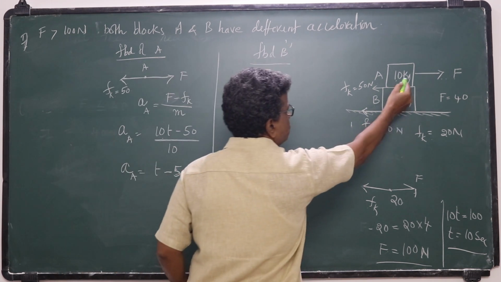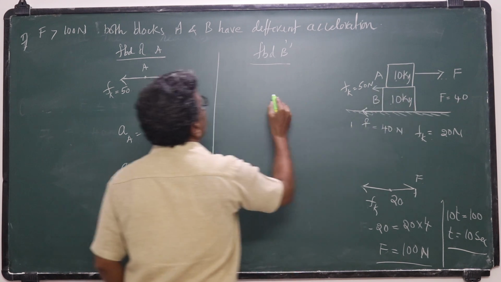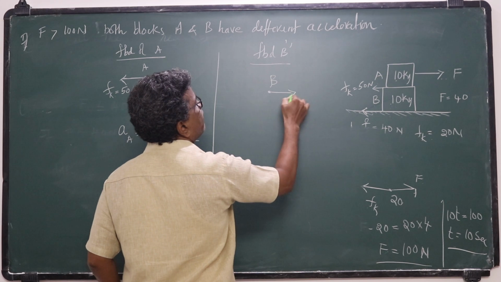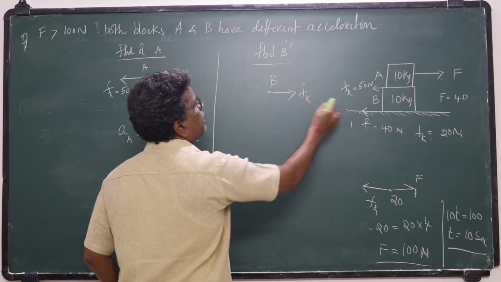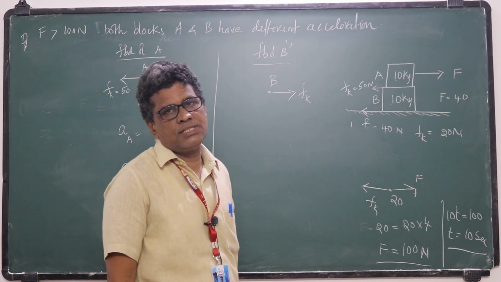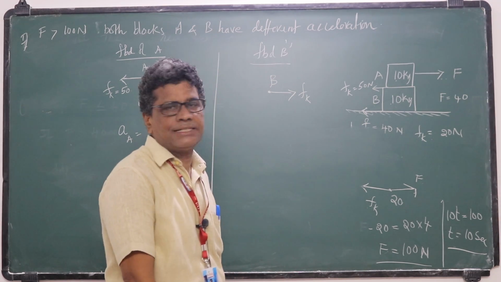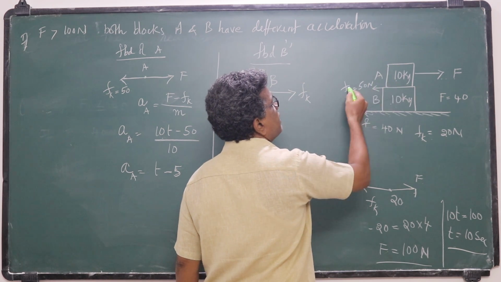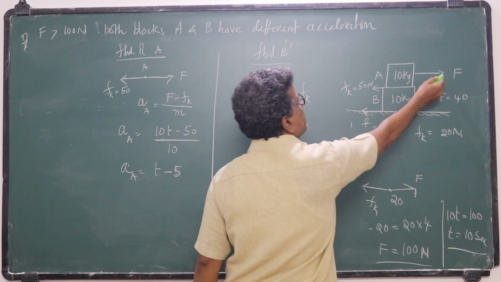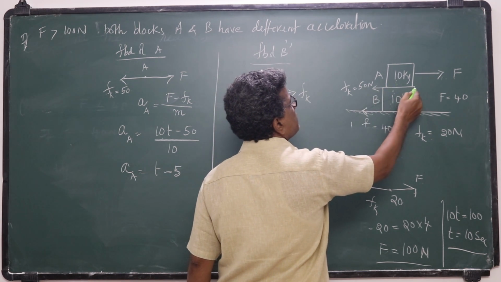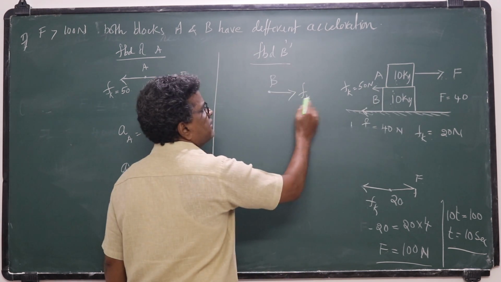The B block moves due to the frictional force acting on it. So if you draw the FBD of B, Fk will act in this direction, that is 50 newtons. I said frictional force is also an action-reaction pair. This kinetic friction acts on block A in this direction, which opposes the external force, and the frictional force between these two surfaces will act in this direction.